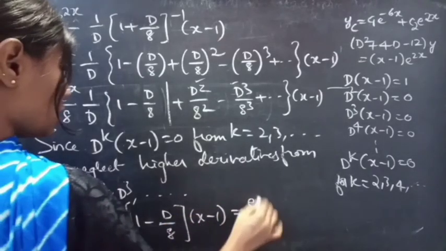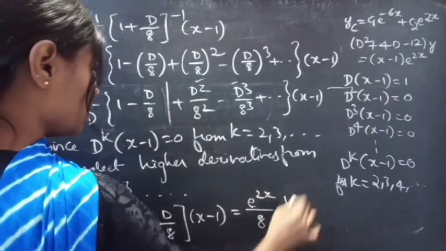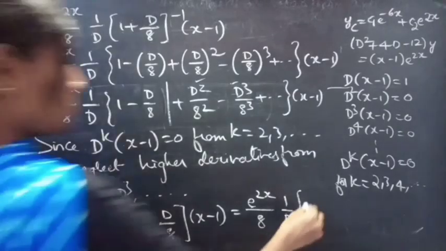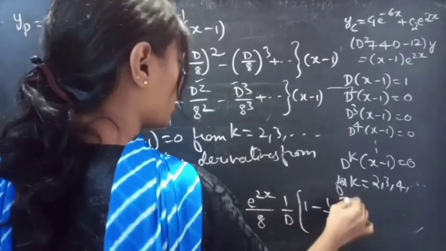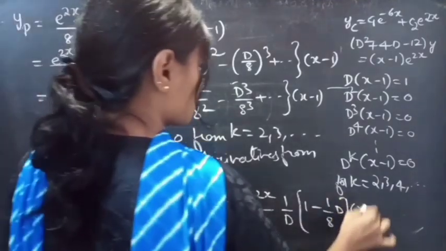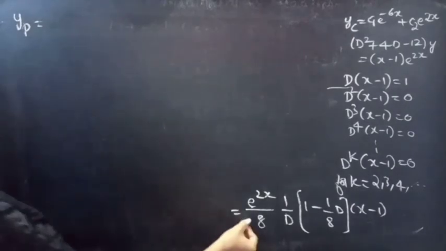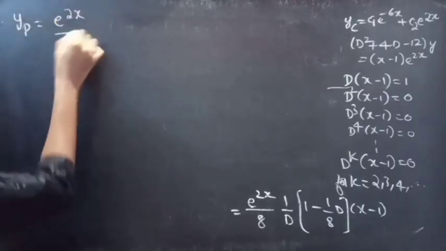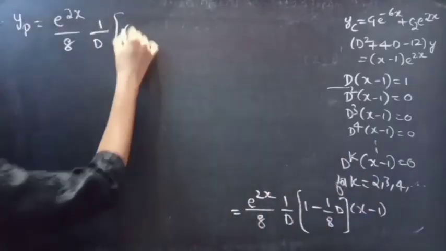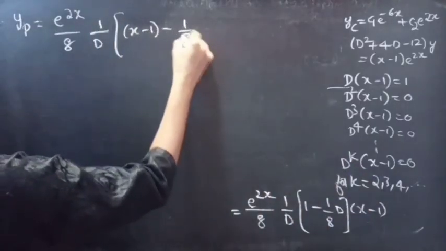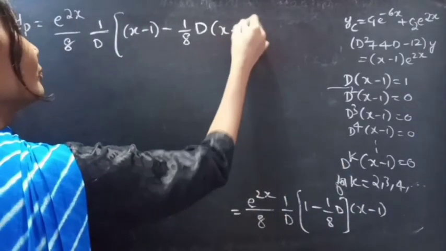This equals e power 2x by 8 into 1 by D into (1 minus, we can write D by 8 as 1 by 8 into D for our convenience, okay?) into x minus 1. Then yp becomes e power 2x by 8 into 1 by D into (1 into x minus 1, which is x minus 1, minus 1 by 8 into D of x minus 1).